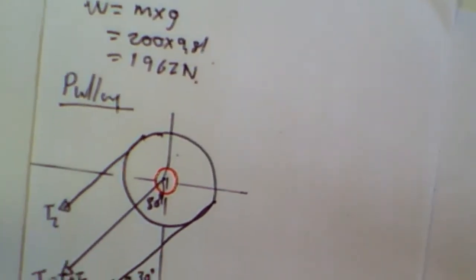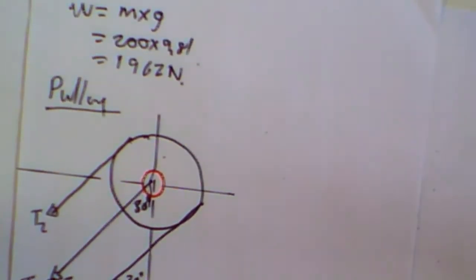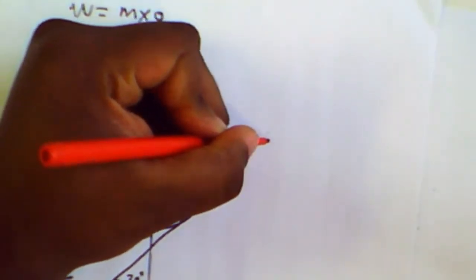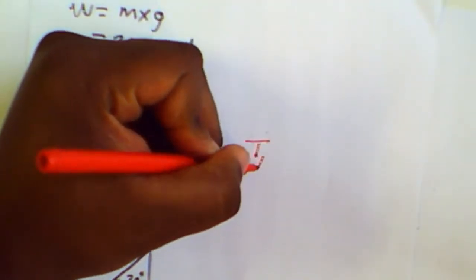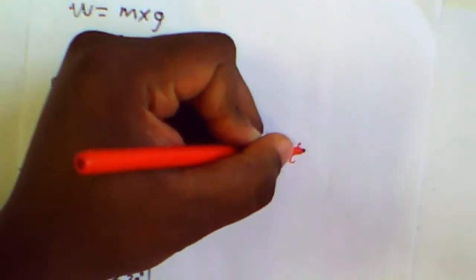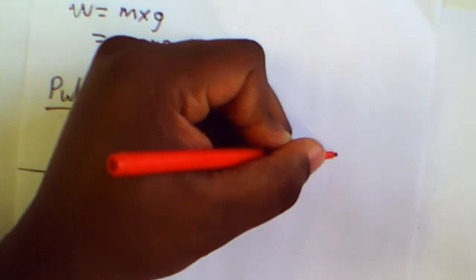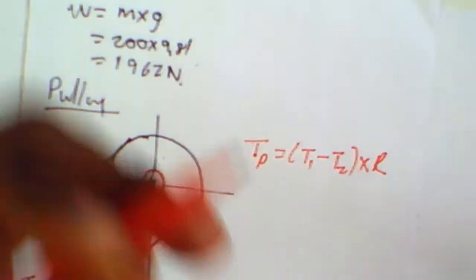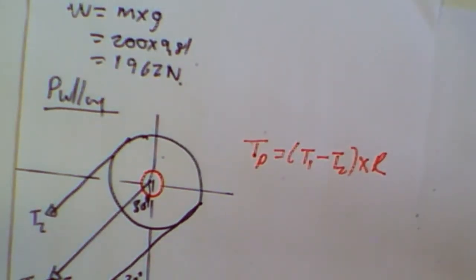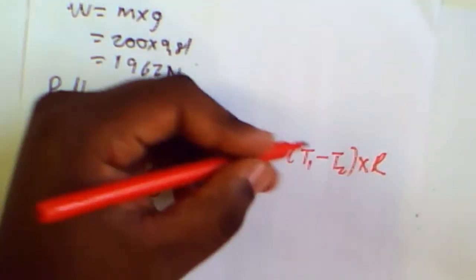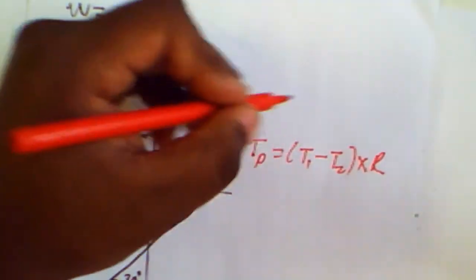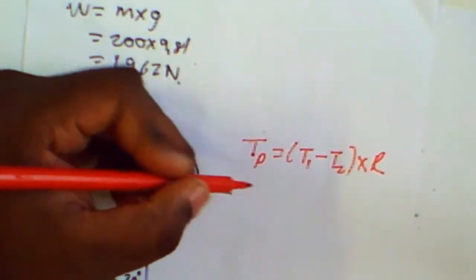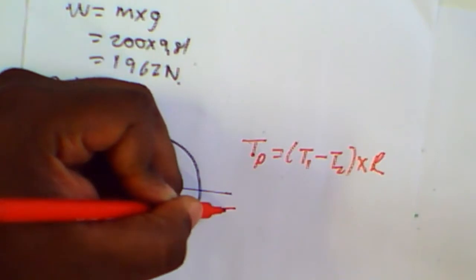So now I can come and say, all right, the torque on my pulley is nothing but the tension at 1 minus the tension at 2 times the radius of my pulley. Before we establish this formula, we need to find the tension ratios between my two tensions.